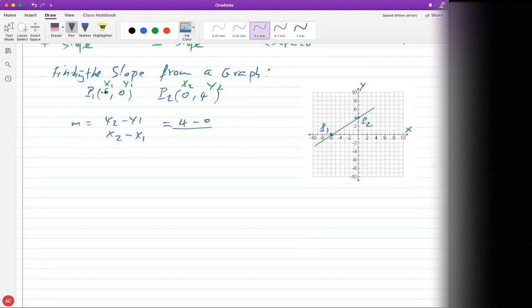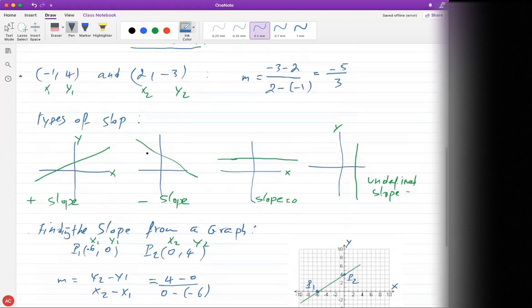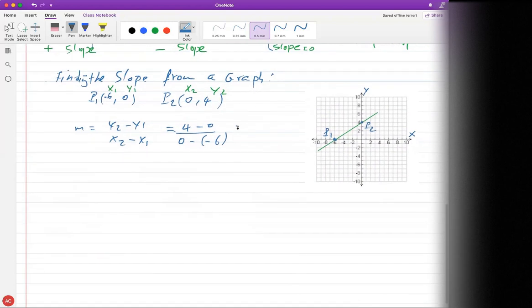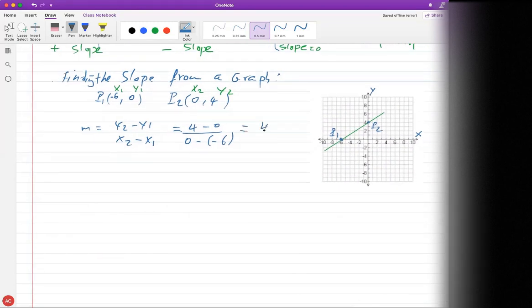So 0 minus -6. So basically x2 minus x1, just like we did earlier here. And of course, we're going to simplify this. So it's going to be 4 over 6, the negative turns into a positive. That's our slope. We can reduce it, turns into 2 over 3.